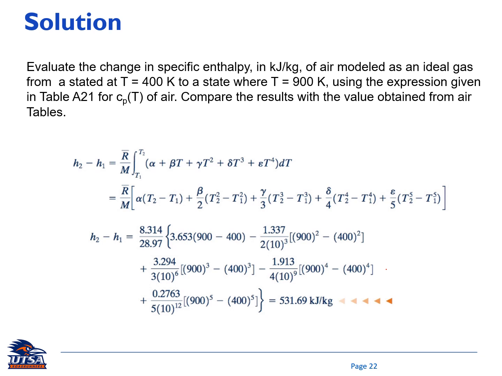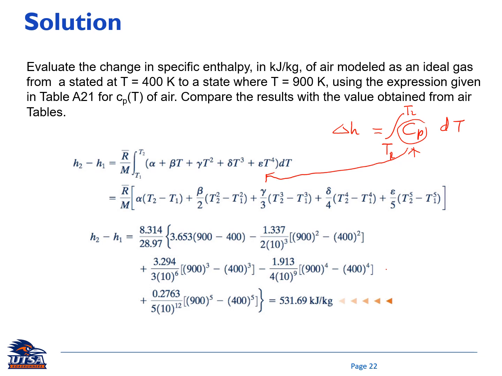Delta h equals the integral of cp dT, from T1 through T2, and you substitute cp with the polynomial function of temperature. Then you make an integration.